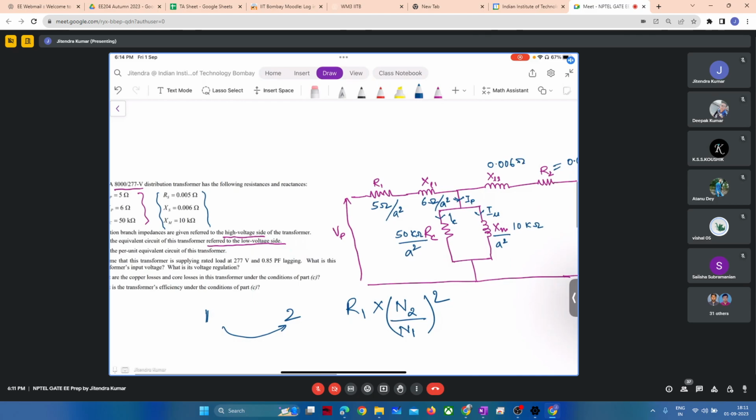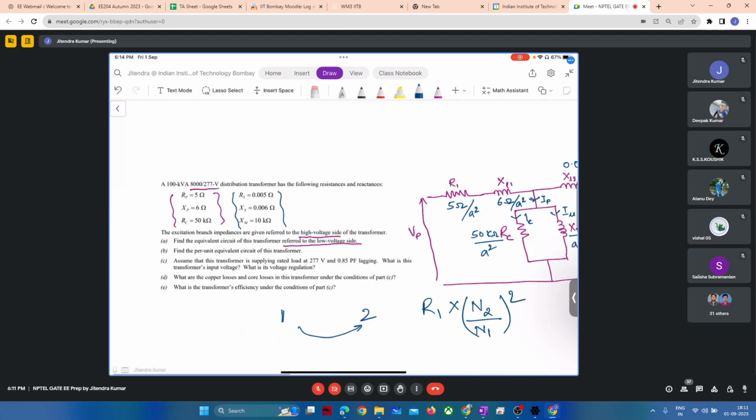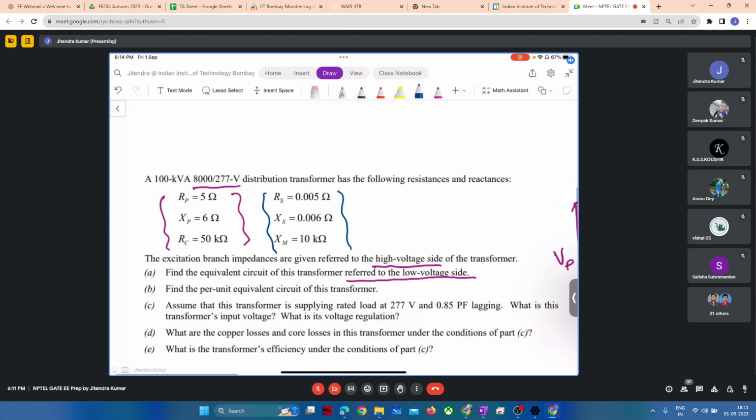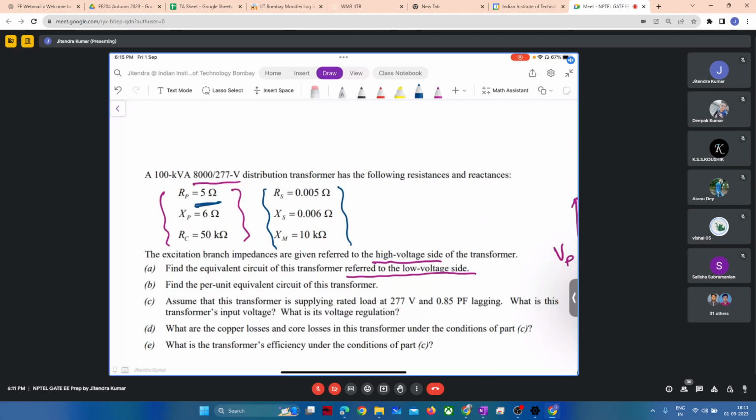So here, 5 ohm, which is placed on the primary winding, when you are referring this resistance to the secondary side, you have to do what? 5 into the secondary side number of turns, that will be 277. Basically it is voltage, but V2 by V1 is equal to N2 by N1.